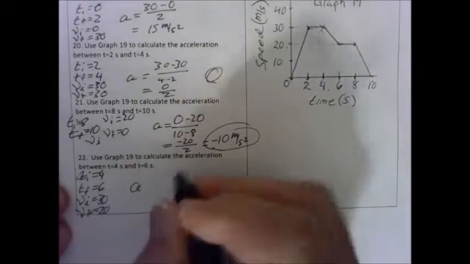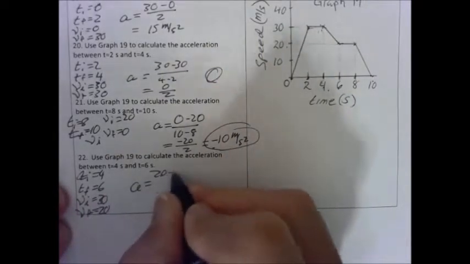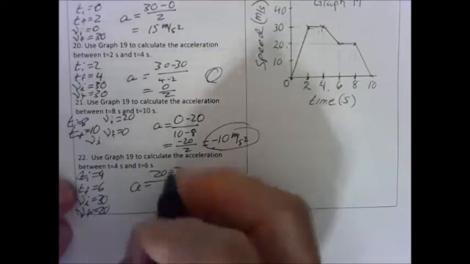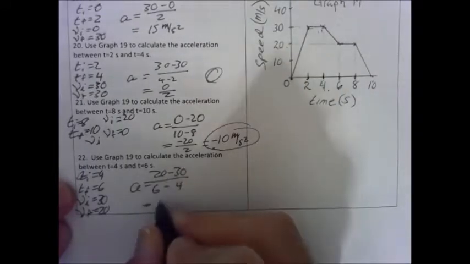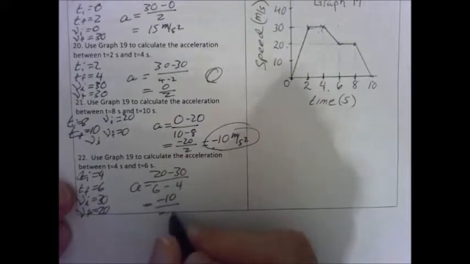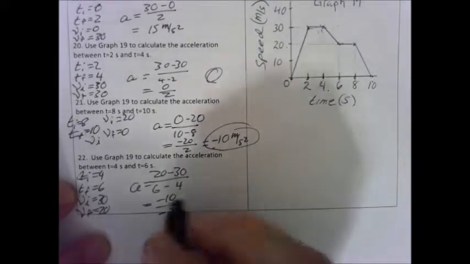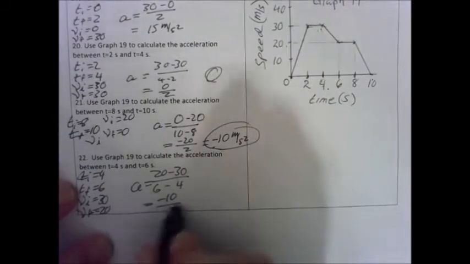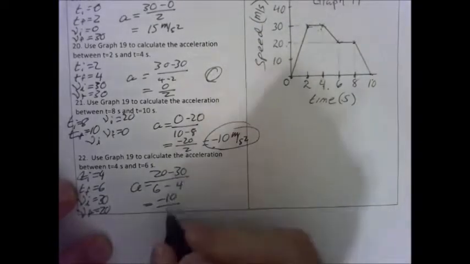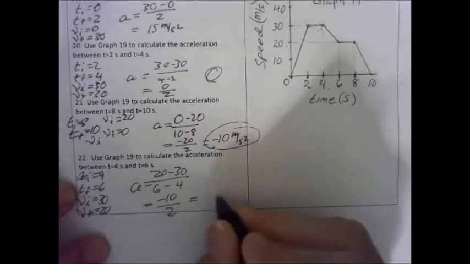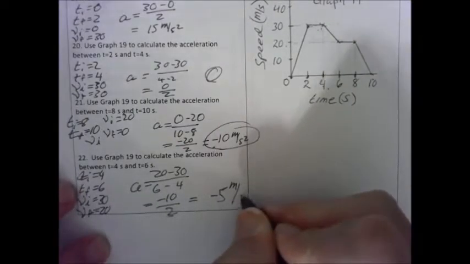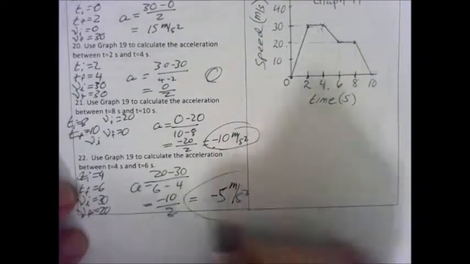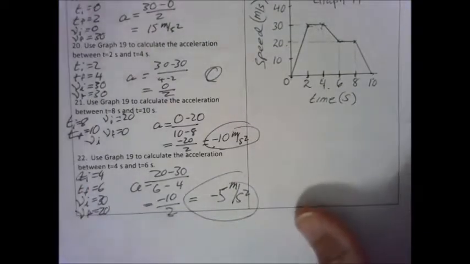Okay, so plugging this in my acceleration equation, I got 20 minus 30 divided by 6 minus 4, and that is going to be a negative 10 over a negative, sorry, not a negative 2. 6 minus 4 is not a negative 2. 6 minus 4 is just 2. And so that is equal to a minus 5 meters per second squared. Got to have that in mind. Circle your answer. Let me know you know what you're doing.